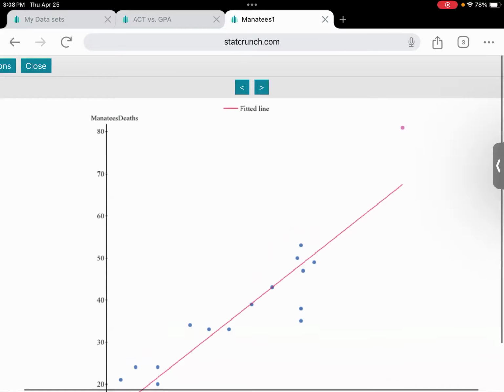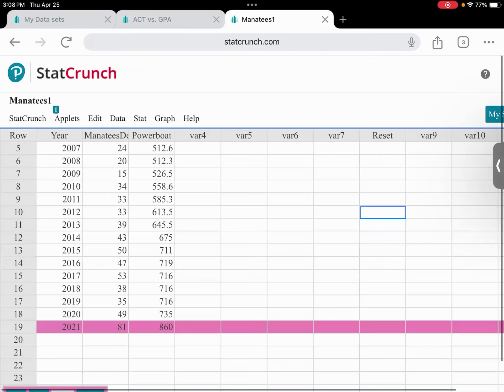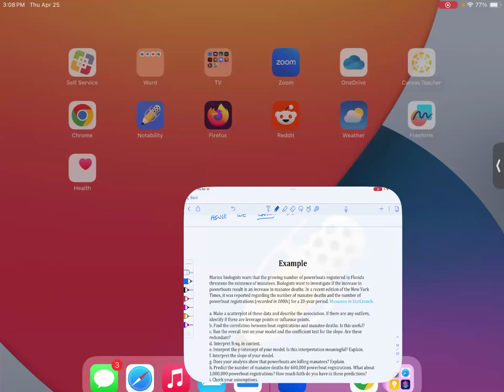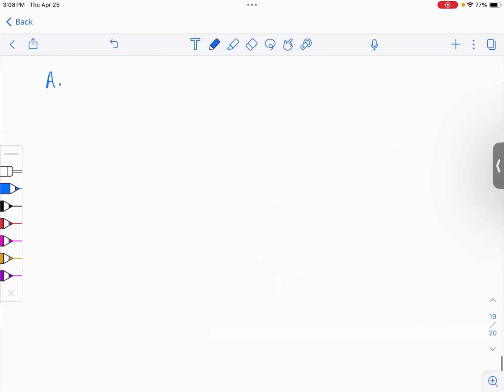Okay, so let's see, what was that value? All right, 860.81. So description, direction, we said positive. Form was linear.